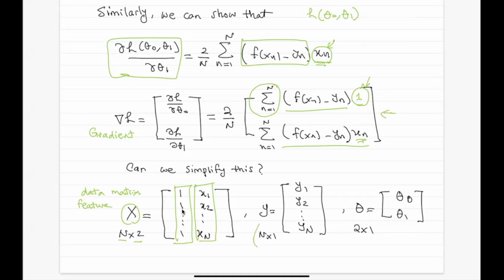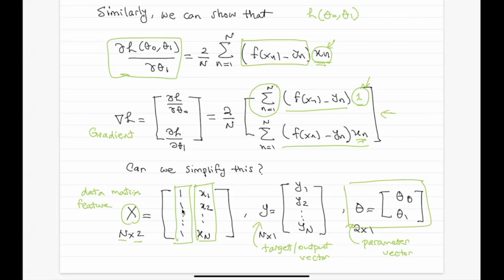And then you have here a target or output vector, which contains all the corresponding outputs for these inputs, and then a parameter or weight vector. Again, remember that in this case, x and y are given to us. What we're really trying to find is this vector theta.